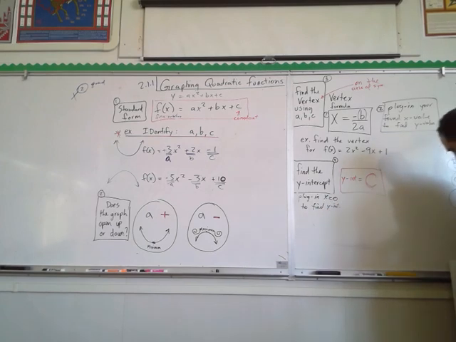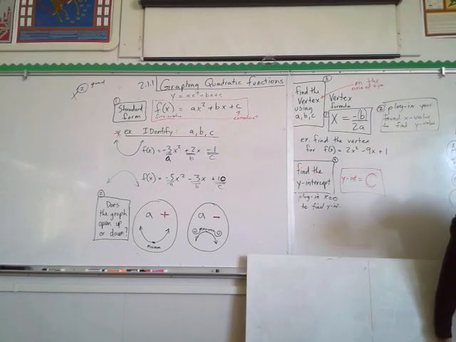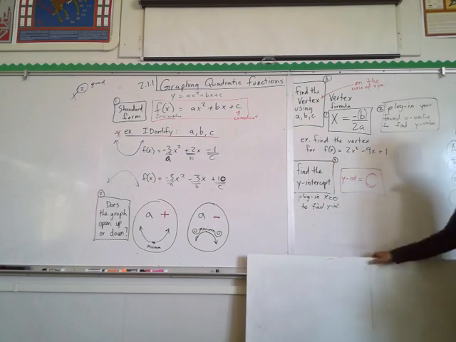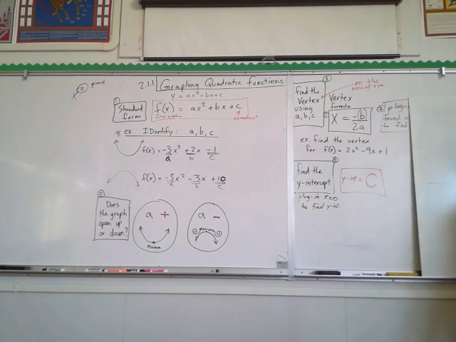Because when x is 0, as x comes down, these are positives: positive 20, positive 10, positive 5, positive 3, positive 2, positive 1, 0. So when x is 0, I know I'm on my y-axis.